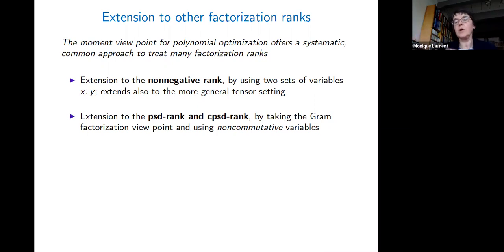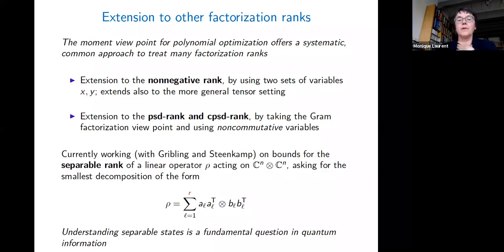And so this is why you should use polynomial optimization in non-commutative variables, but the same technique will apply and will give good bounds.